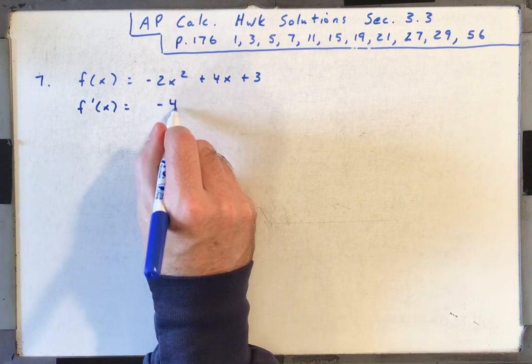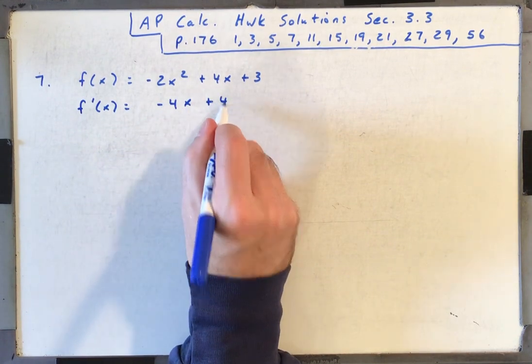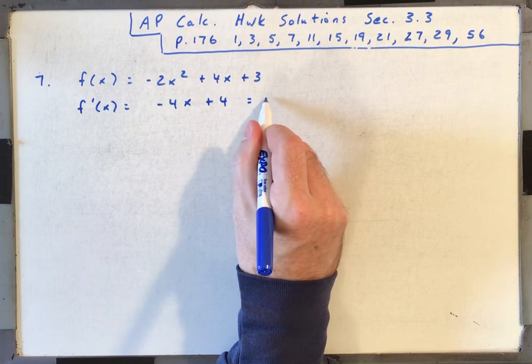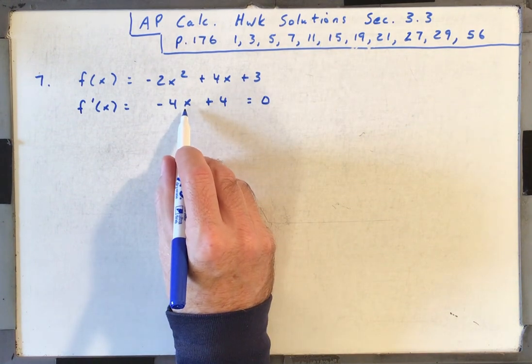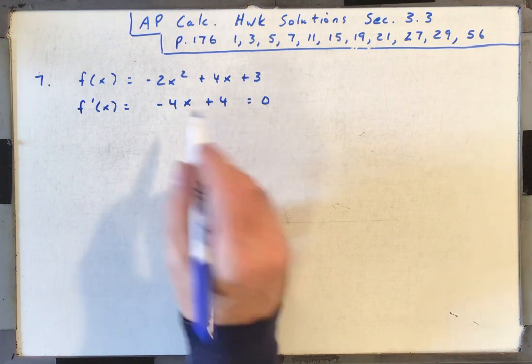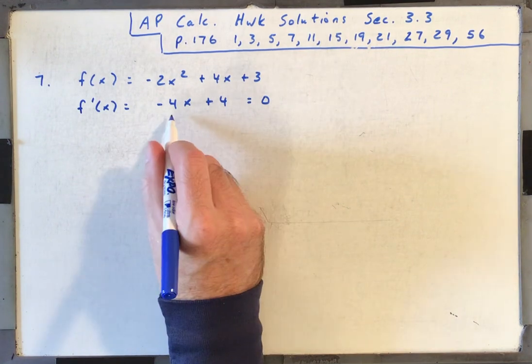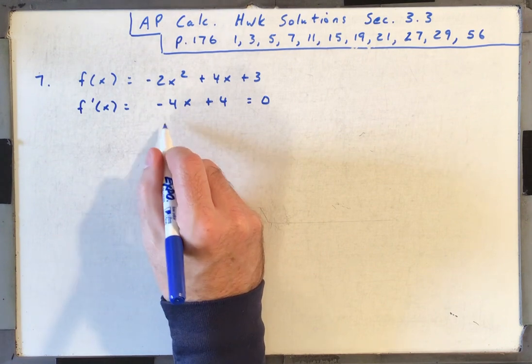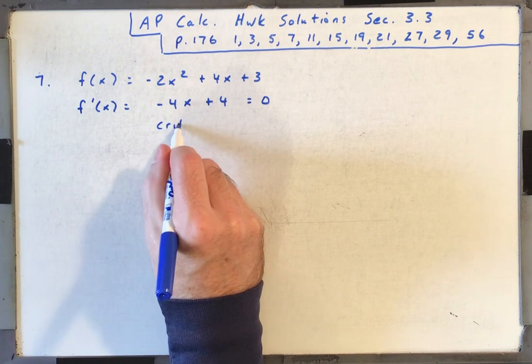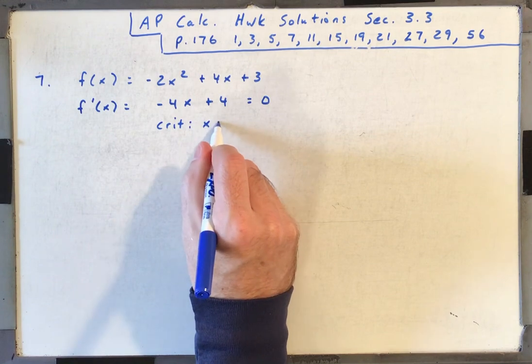It's minus 4x plus 4. Set that equal to 0. And when x is 1, that'd be negative 4 plus 4. When x is 1, then this derivative is 0. So our critical point is x is equal to 1.